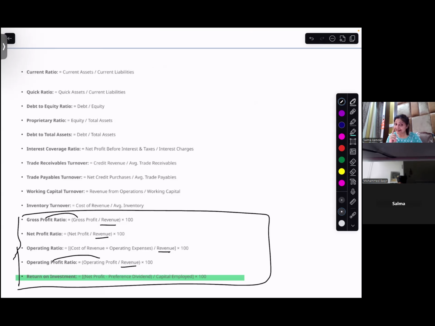But for operating ratio, you should have your operating expenses. So for operating ratio, it would be what?